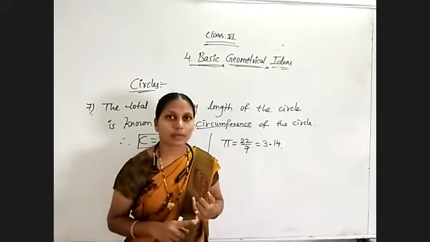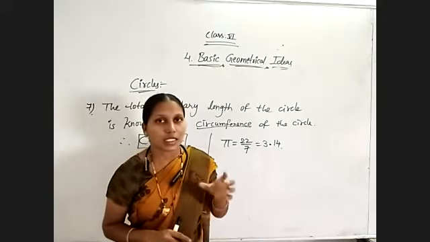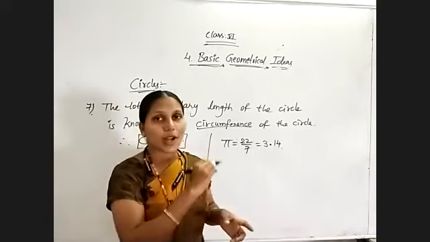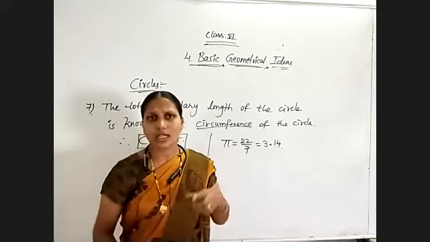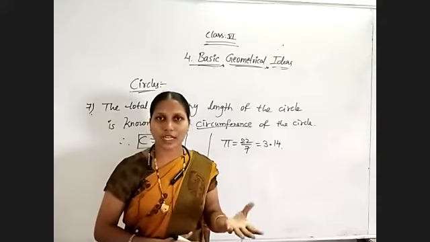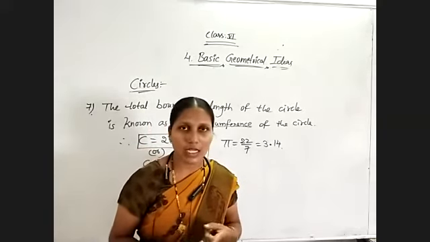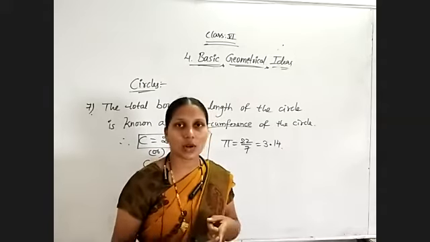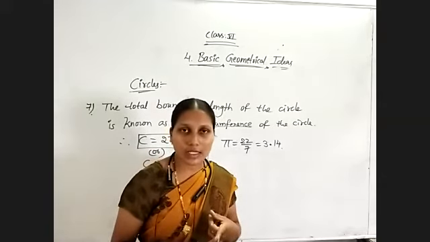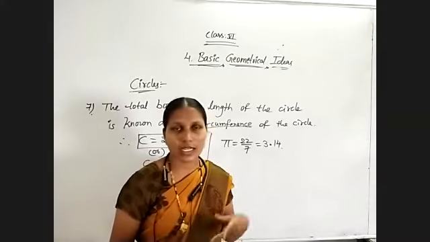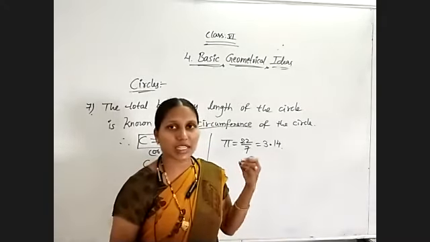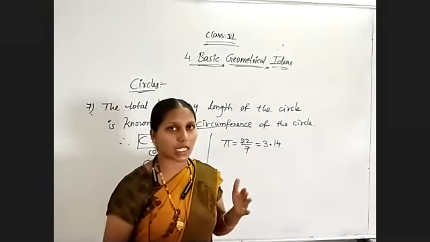Next, chord. A line segment which is joining 2 points on the circle is known as a chord. Different chords have different lengths. The chord which is passing through the center is the longest chord. So the longest chord of the circle is known as the diameter, and it is twice the radius. It is also a fixed one. The diameter is always equal. Any side we can take the diameter.